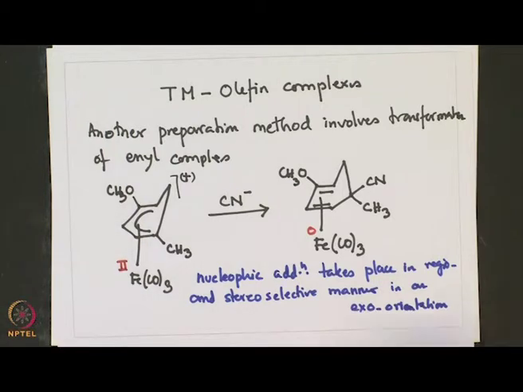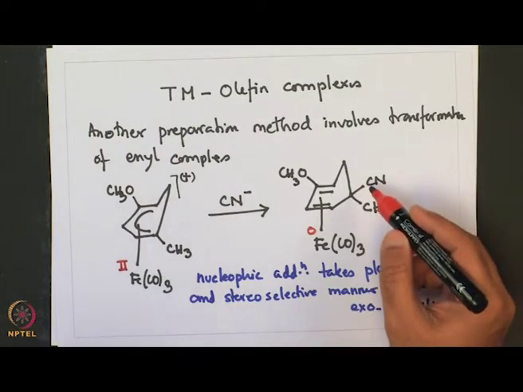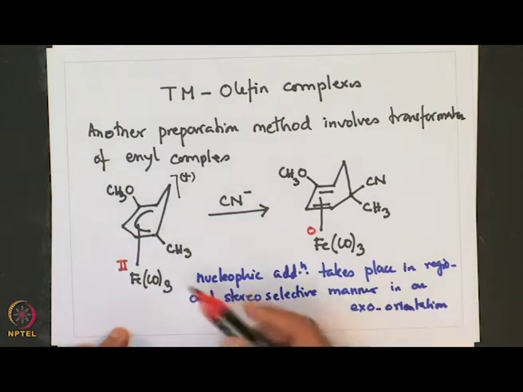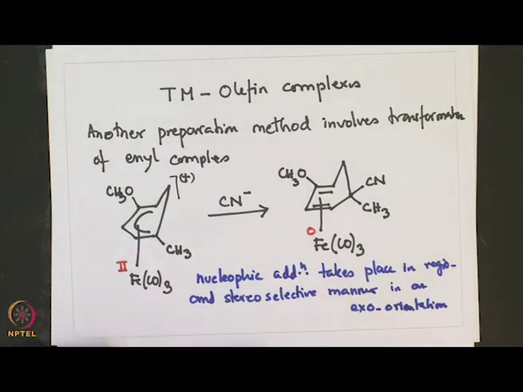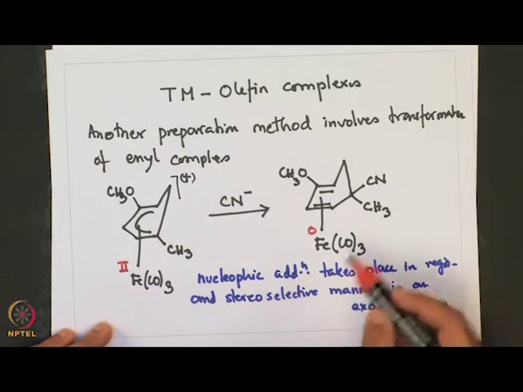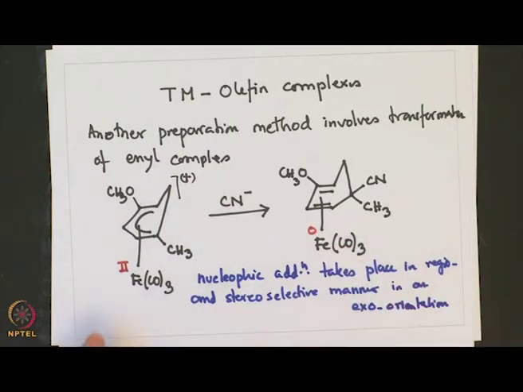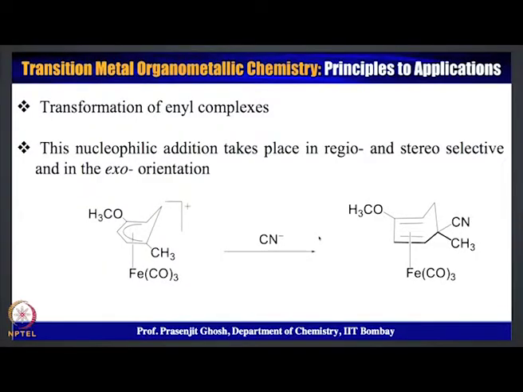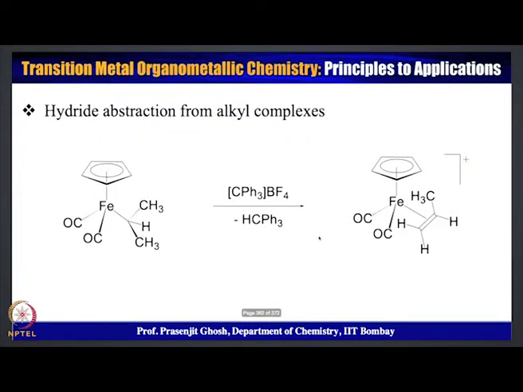Because of this nucleophilic attack, which happens in a regio and stereoselective fashion, the iron has gotten reduced from plus 2 oxidation state to an iron 0 olefinic complex, as is shown over here. So, this is an interesting reaction whereby a metal olefin complex is obtained by a nucleophilic attack of a cyanide and falls among the unusual ways of obtaining such kinds of complexes.